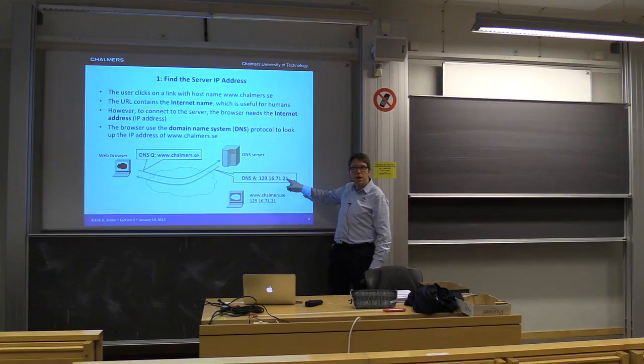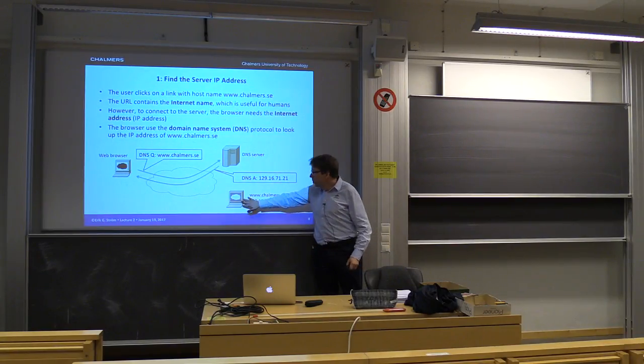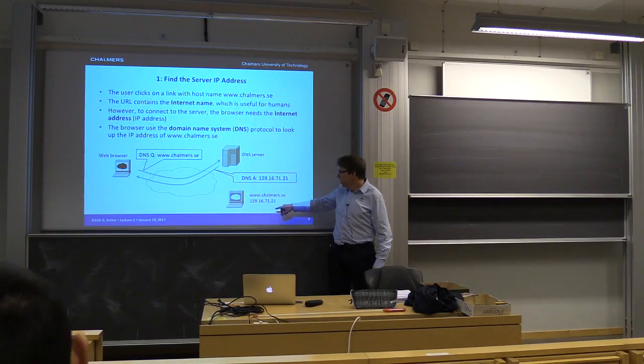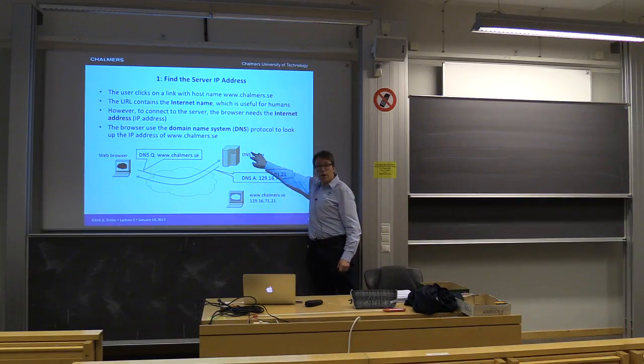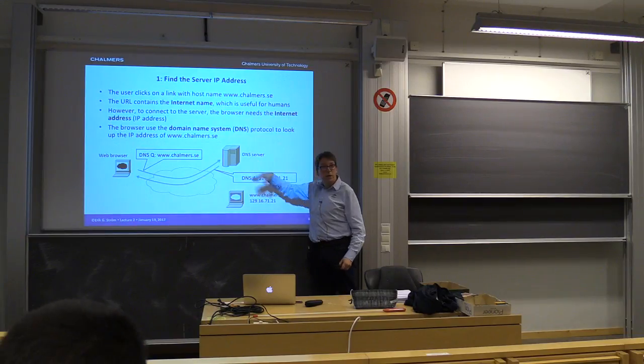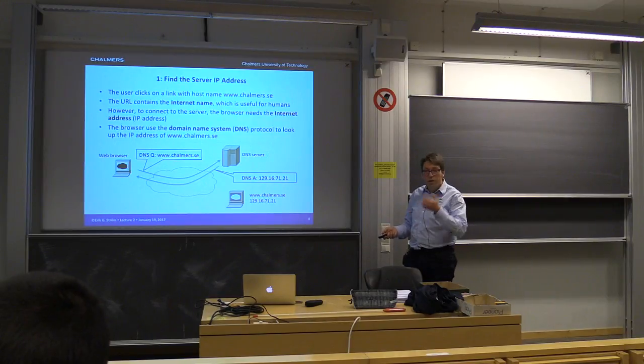Okay, so this is the IP address of this one. Somewhere on the internet there is a server which has this internet name and this IP address, and this record is stored here also. So we can think of this as directory assistance, right? If we don't know where to go, we ask the directory here.